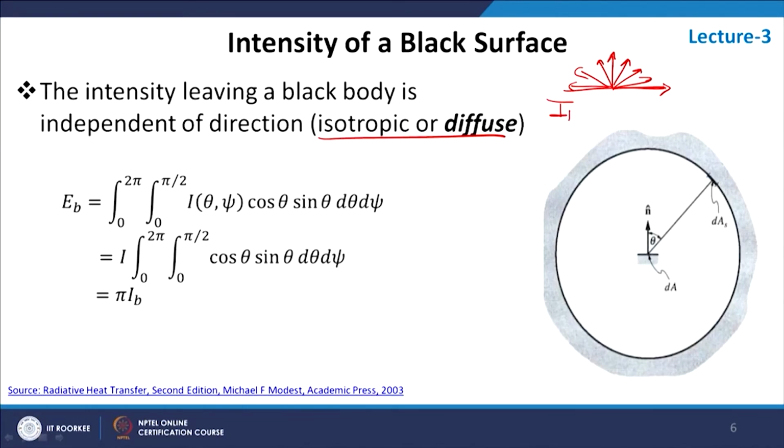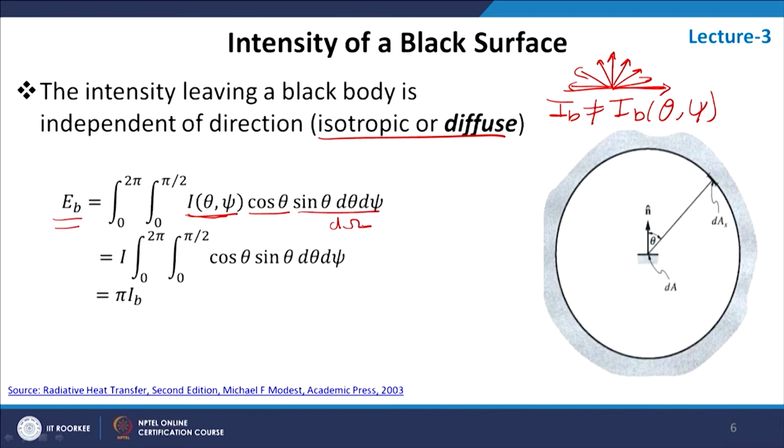That means the intensity of a black body does not depend on the two angles theta and psi, the polar angle and the azimuthal angle, because it is equal in all directions. So, the total emissive power is equal to the intensity times the projected area, cos theta, and the solid angle d omega.